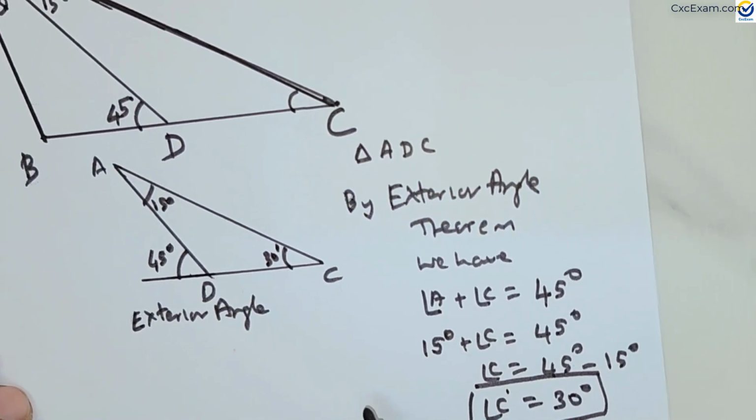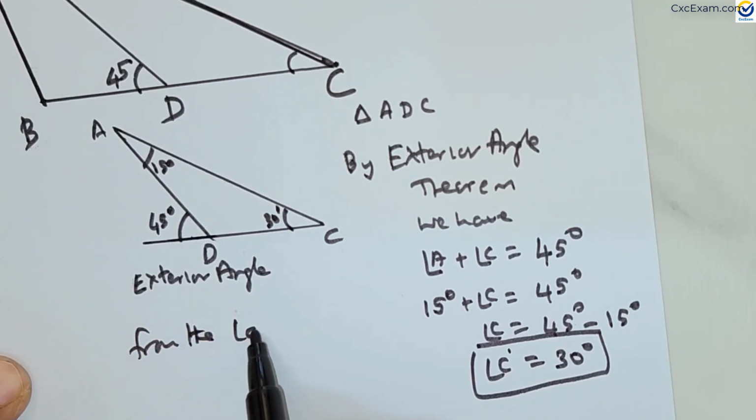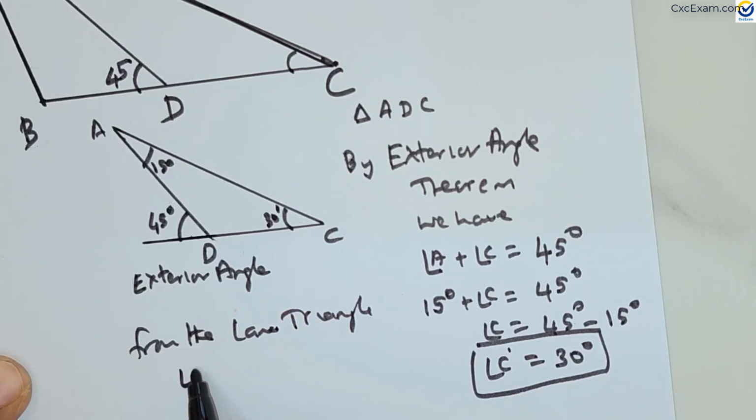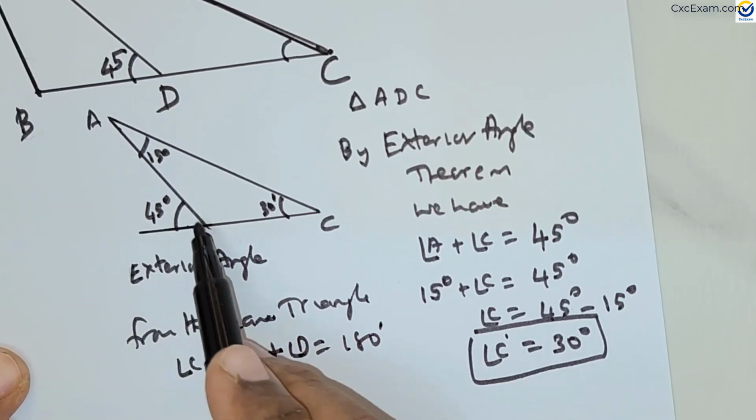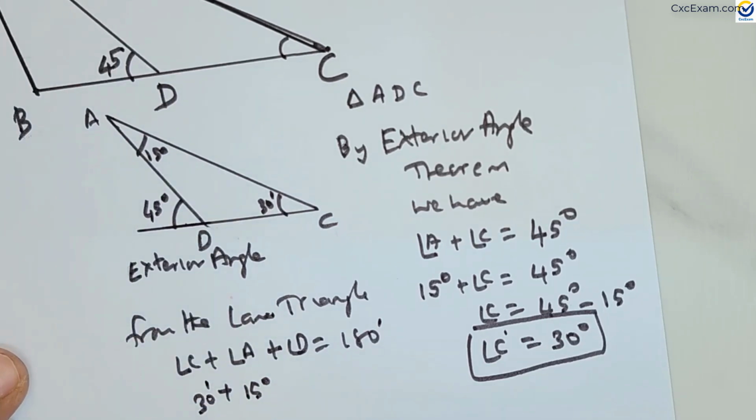Now from the law of triangle, angle C plus angle A plus angle D is 180. I want to get this entire angle, right? So angle A is 15 degrees, angle C is 30 degrees, angle D is required, so this is equal to 180.